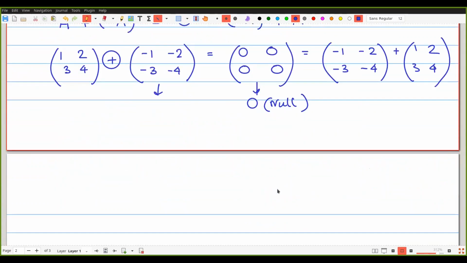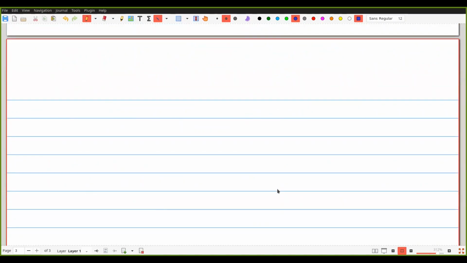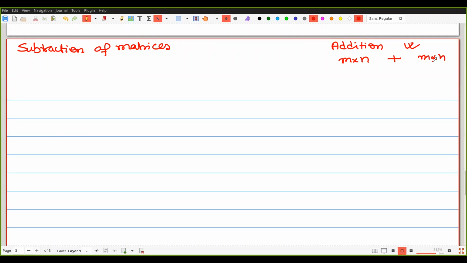Next property, or next operation, sorry, which is called the subtraction of matrices. If we say addition, very good, that m cross n must be added with m cross n. That is possible.